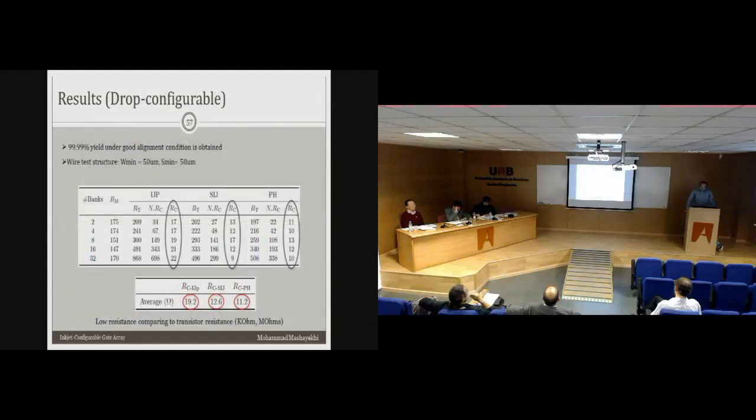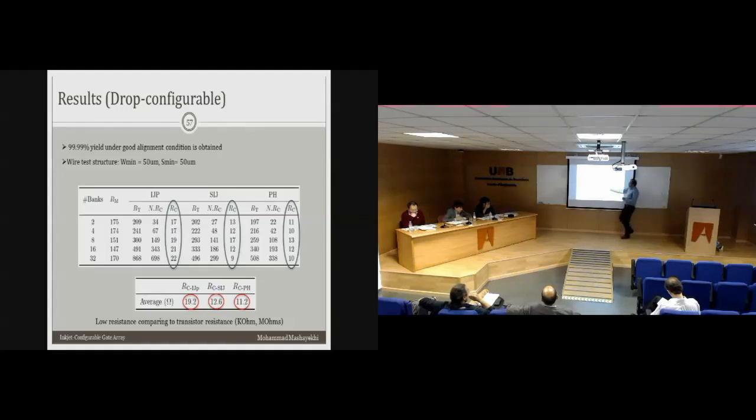For drop configurable structures, we see almost 100% yield under good alignment conditions. And we came to the conclusion that a minimum width of 50 and a minimum spacing of 50 would be ideal for the wire banks.